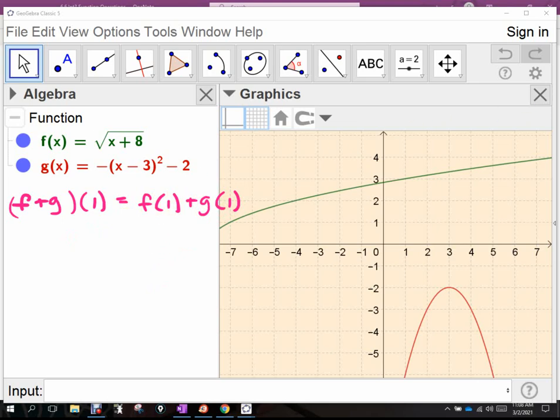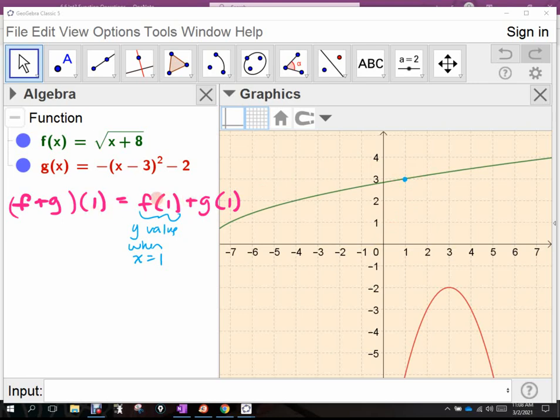Well, that notation to us means this: what is the y value when x equals 1 on f, which is the green curve? If I look at the green curve, isn't the y value 3? Does that make sense?